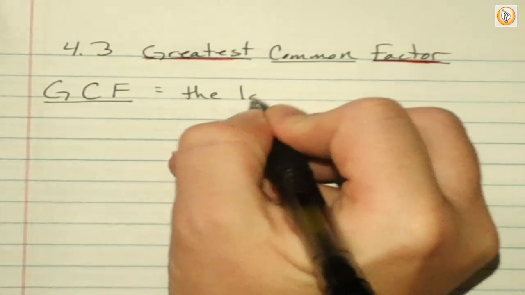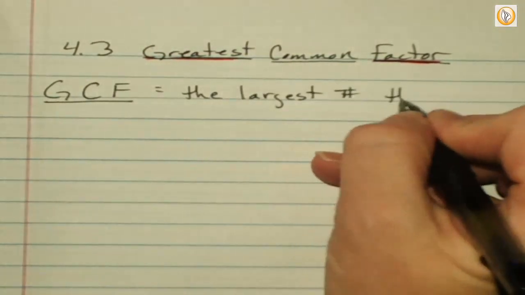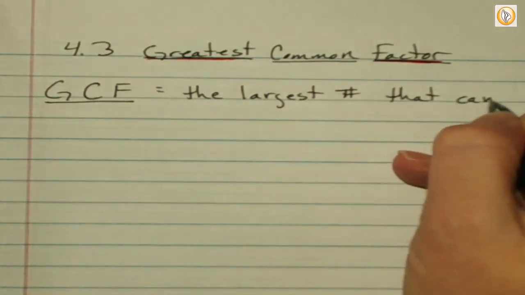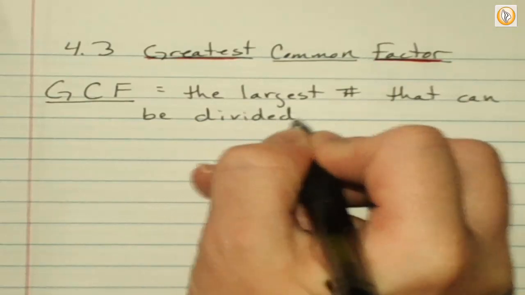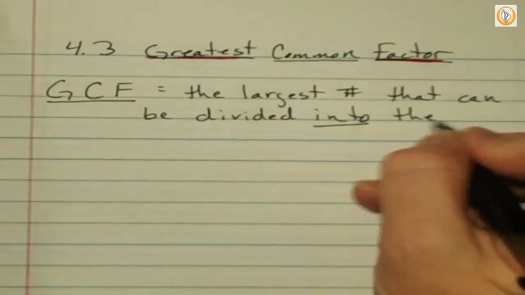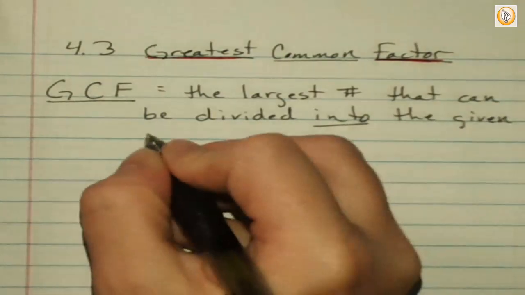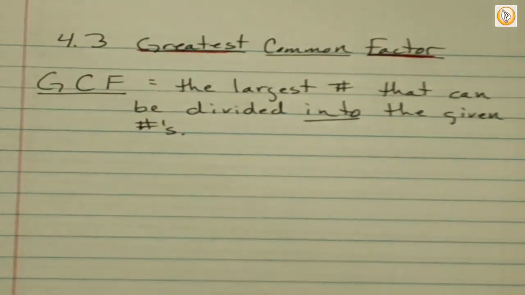It is the largest number that can be divided into the given numbers. I had a student help me write that. They said that's the way a kid's brain works. The largest number that can be divided into the given numbers. They're right.